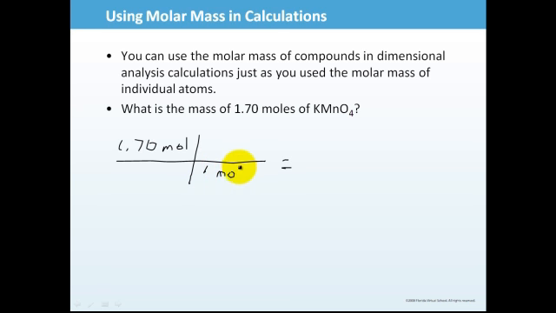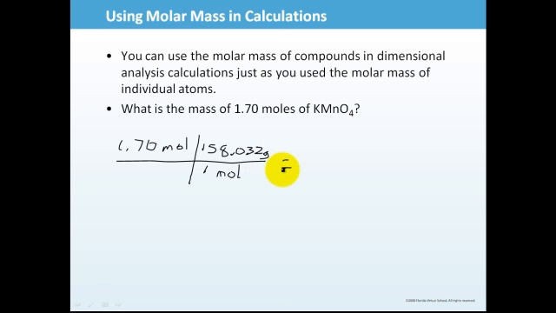All right, and the reason for that again is so we cancel out the units. We got a mole on top, mole on bottom, they cancel out. So on top would be the mass that we just figured out, 158.032 grams.